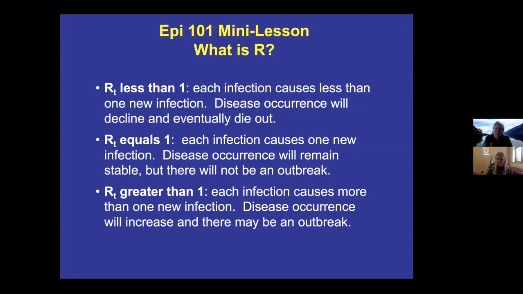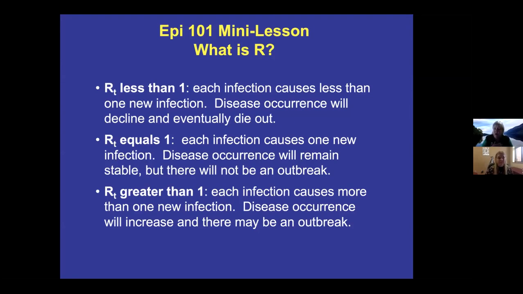So if you have an R less than 1, each person that's infected will cause less than 1 new infection. And if that happens over a period of time, the disease occurrence will decline and eventually die out. If your R is equal to 1, I'm infected, I will cause 1 new infection. So I may get you infected, but just you.